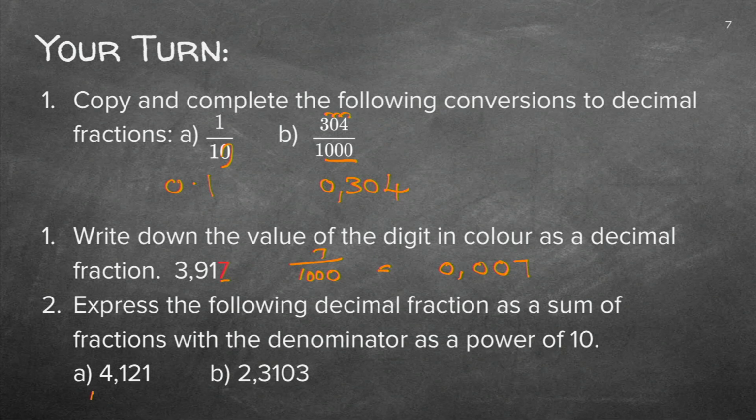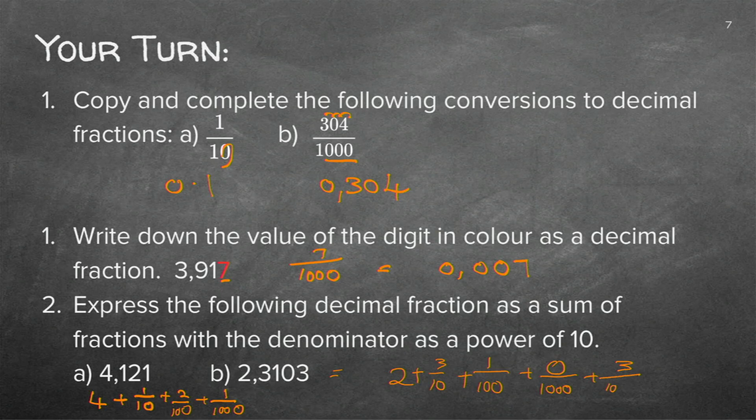So that one is going to be 4 plus 1 over 10 plus 2 over 100 plus 1 over 1,000. Well done, you got that one. Now this one is going to be 2 for the whole number plus 3 over 10 plus 1 over 100 plus 0 over 1,000 plus 3 over 10,000.